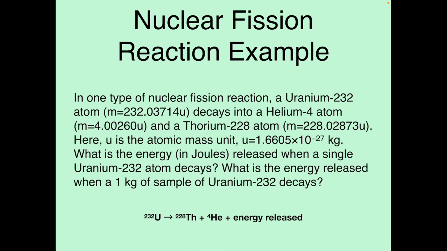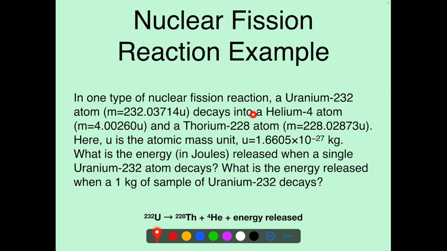So let's do an example involving a nuclear fission reaction. So in one type of nuclear fission reaction, a uranium-232 atom with a mass of 232.03714 U. So this U represents an atomic mass unit.